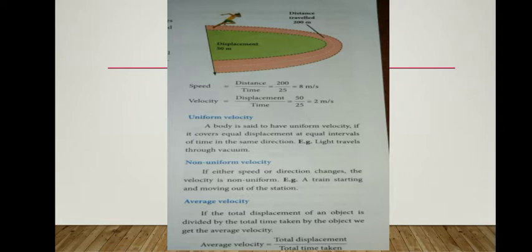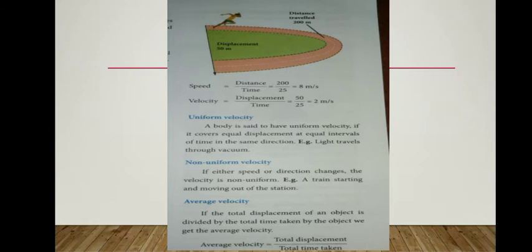Average velocity is the total displacement divided by the total time taken.